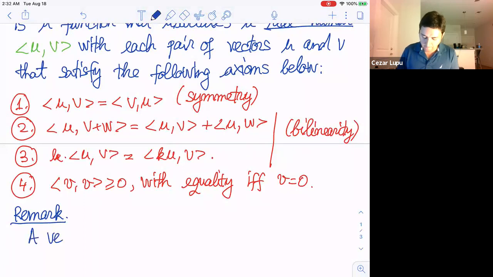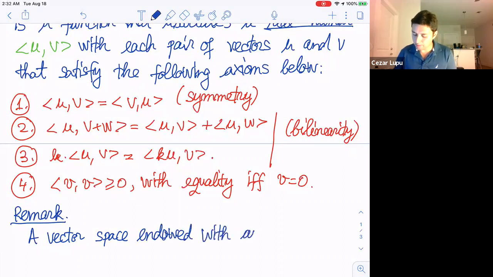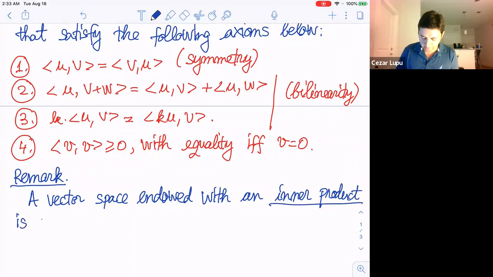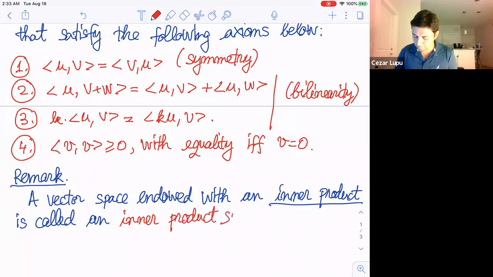A vector space endowed with an inner product is called an inner product space. Sometimes it has a name, Hilbert space, but anyway.